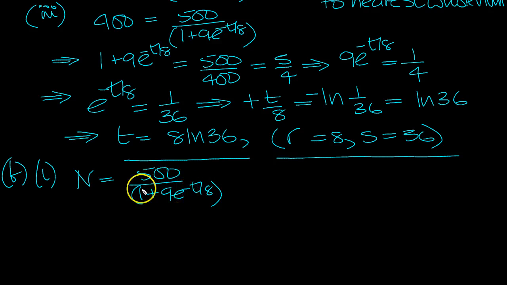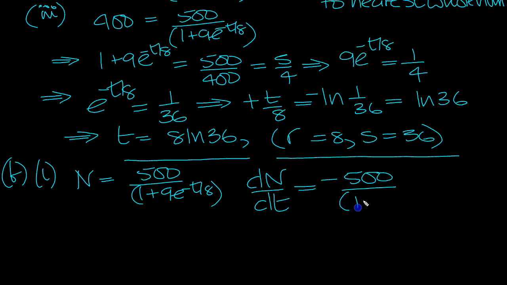Okay, because it's 1 over a function of t. So dN/dT, let's differentiate, equals something to the minus 1. The minus 1 comes to be with the 500 over something squared, multiplied by the something differentiated. This goes to 0. 9 of these goes to 9 of these differentiated.